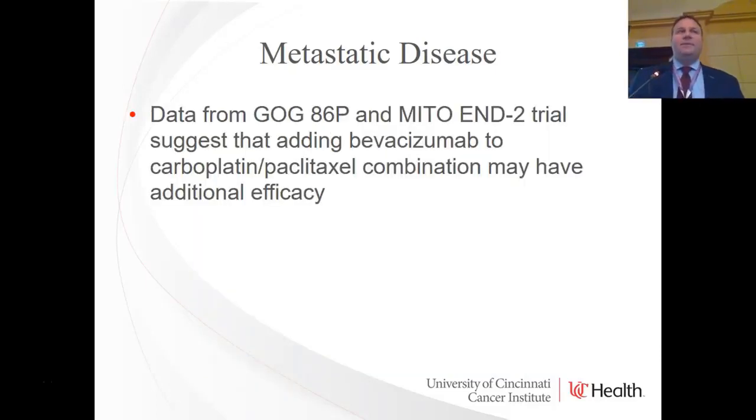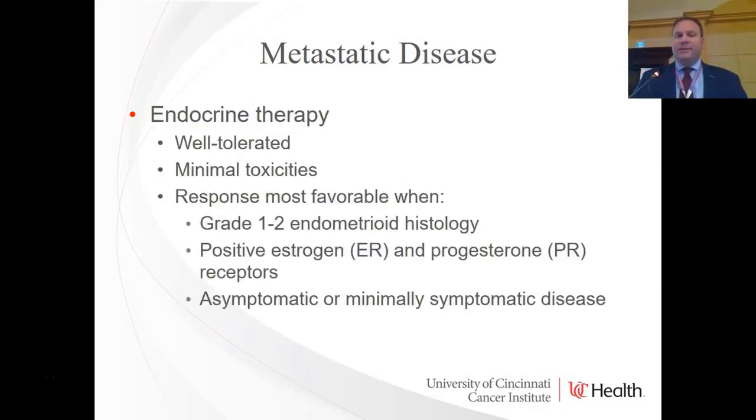There have been some published or presented data in the last few years from the GOG 86P study and the MITO-N2 trial suggesting that adding bevacizumab to the carboplatin Taxol combination may have additional efficacy. These are both phase 2 trials, and so at this point we're awaiting more randomized data, but certainly suggestive that we may be able to improve on that combination.